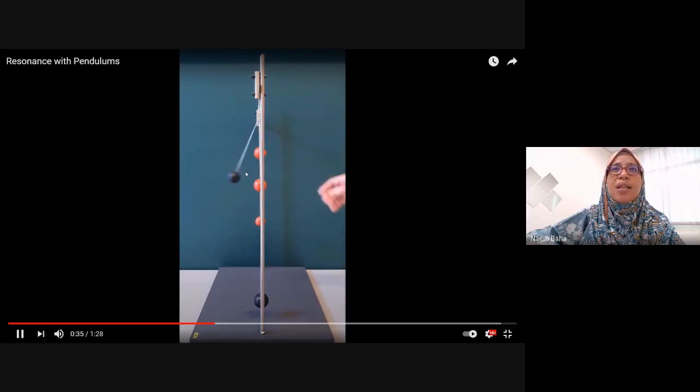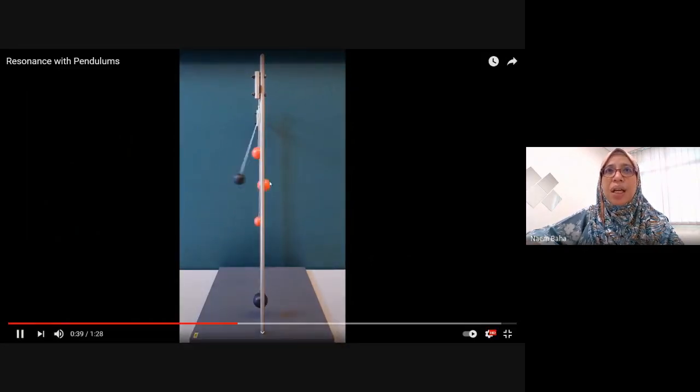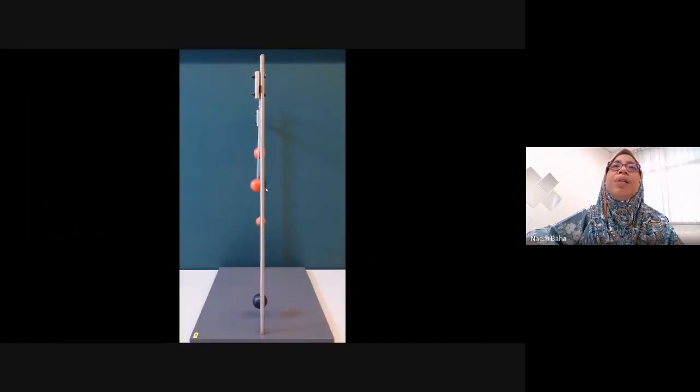The one which has the same length tends to vibrate at a bigger amplitude.